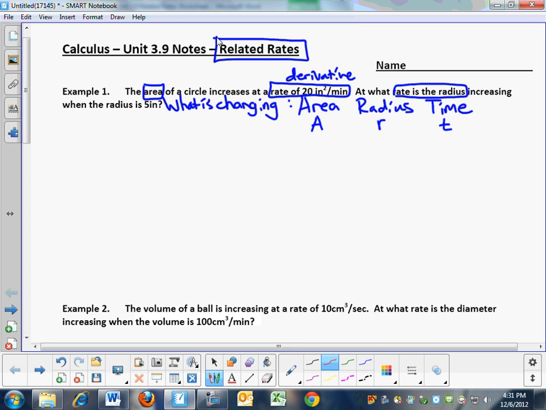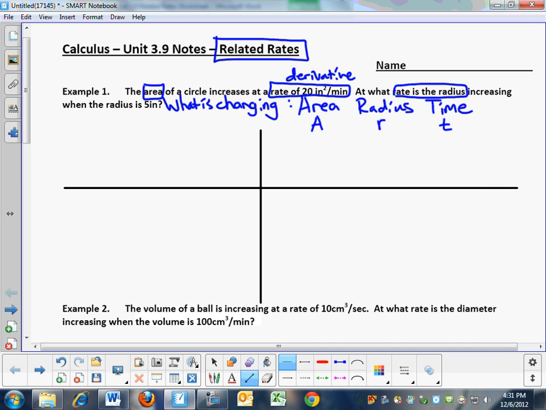In these type of problems, I like to outline them like this. I start with this first box. I like to model the problem.